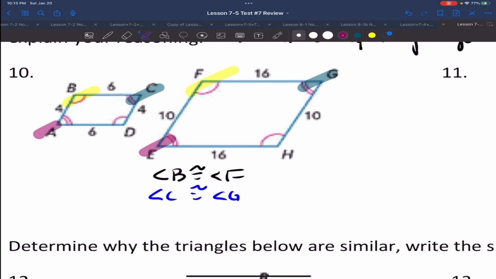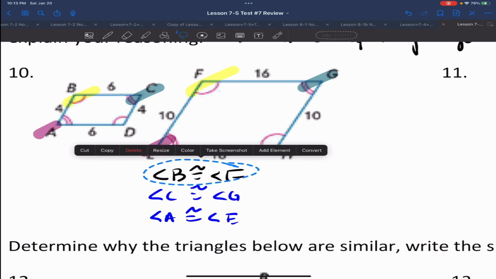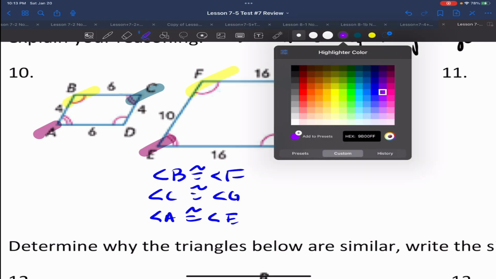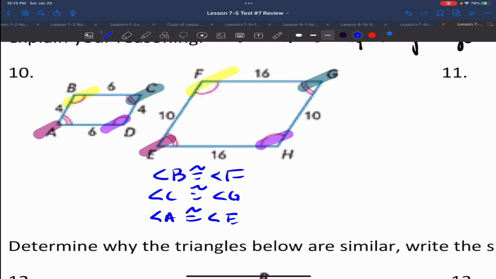We have angle A congruent to angle E. And lastly, I'm going to use a different highlighter here. Angle D is congruent to angle H.